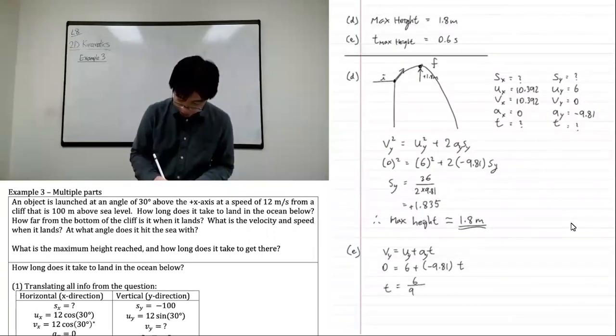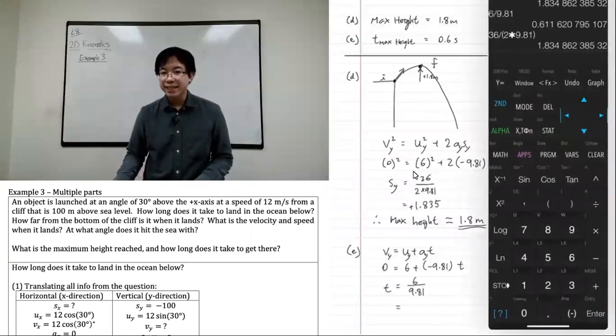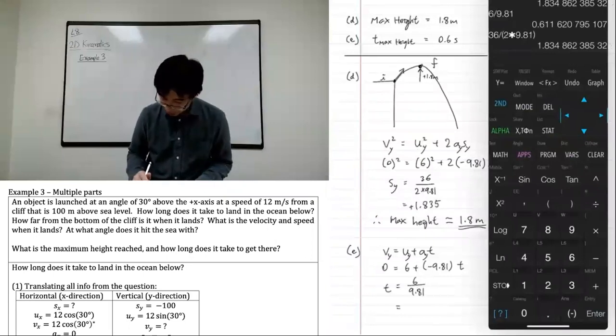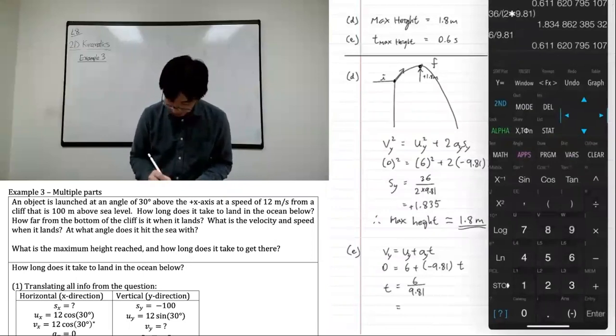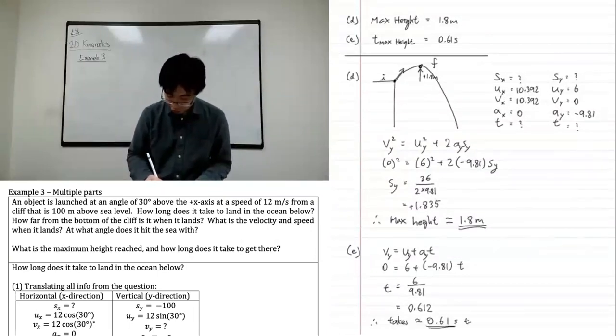So I get 6 over 9.81. Notice the beauty of having things vertically. Everything is very traceable until you do the last step when you manipulate it. So it's very clear. So I get 0.612, and I'll go, therefore, it takes roughly 0.61 seconds to reach the maximum height, something like that.